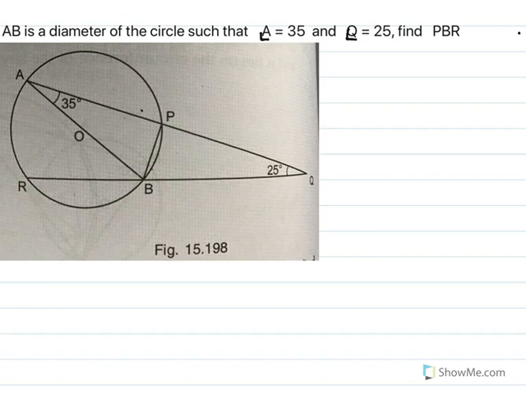AB is the diameter of a circle. Angle A is 35 and angle Q is 25. Find angle PBR. So let's start with the diameter. AB is the diameter. If AB is the diameter, the angle in the semicircle is 90, so this angle will be 90. Therefore we have angle APB equal to 90.